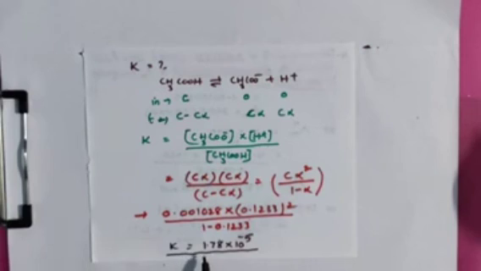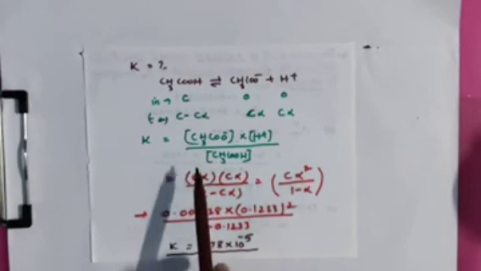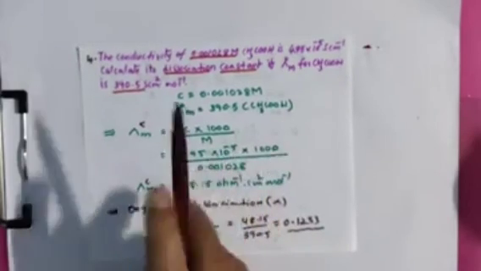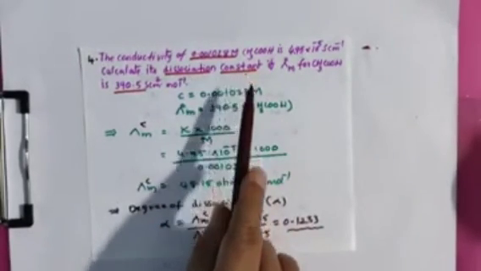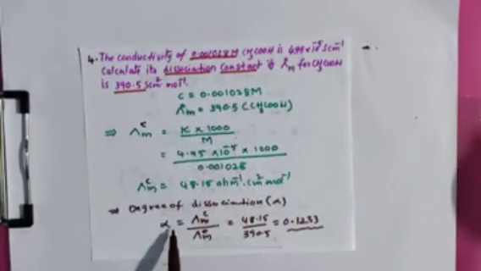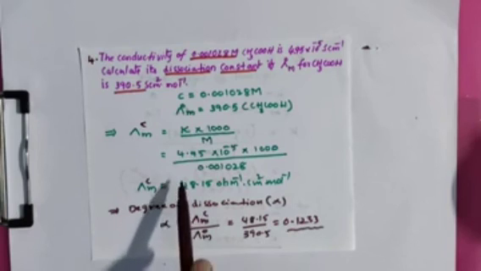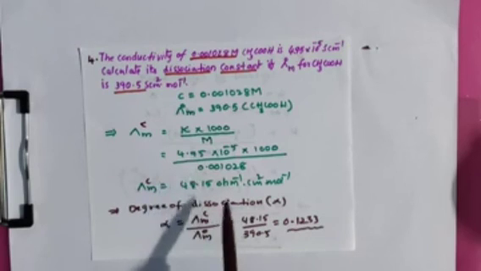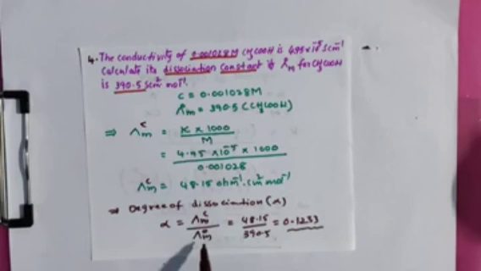Means if you want to calculate dissociation constant, first you have to calculate degree of dissociation. Remember, whenever they ask dissociation constant, you have to calculate degree of dissociation. Degree of dissociation you need means the conductance at a given concentration and conductance at infinite dilution, both you need.